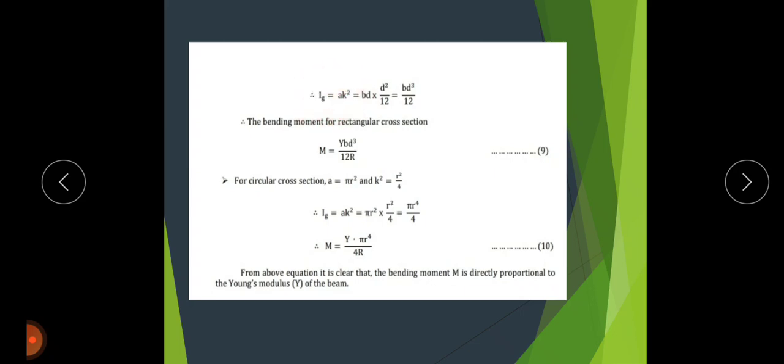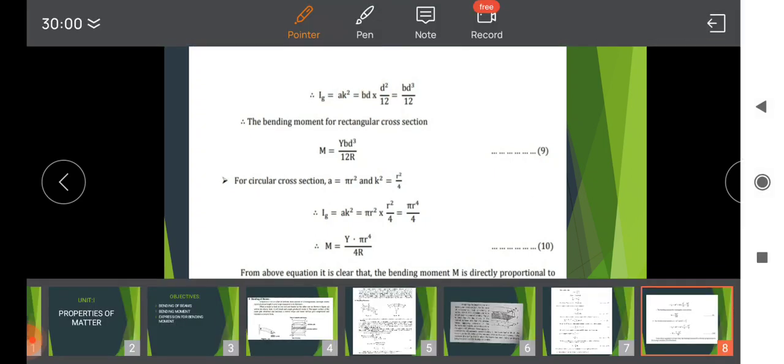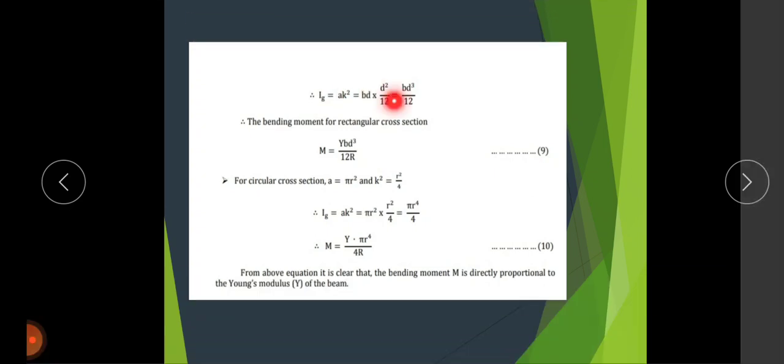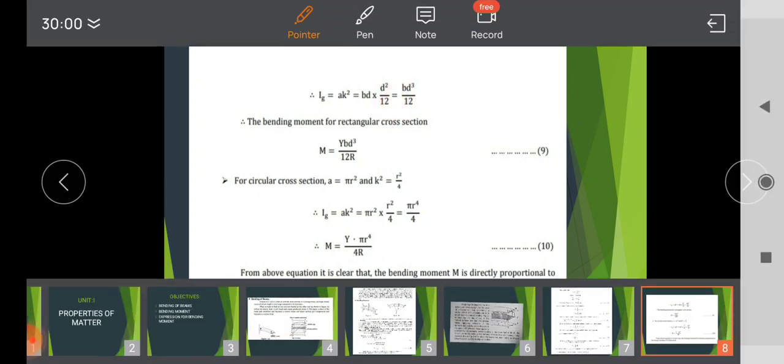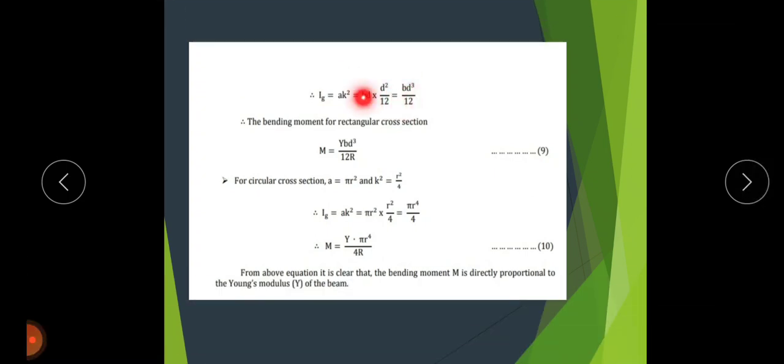Before that, Ig, the geometrical moment of inertia, is equal to A into K square. We know that area is equal to breadth into height, that is B into D, into K square, and K square for the rectangular cross section is D square divided by 12. So the Ig value becomes B into D cube divided by 12.